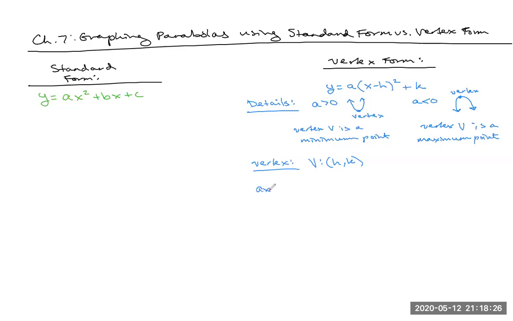The axis of symmetry is a line that cuts your parabola in half. So let's use orange here for this part. The axis of symmetry would be going straight through these parabolas. So just a quick example.